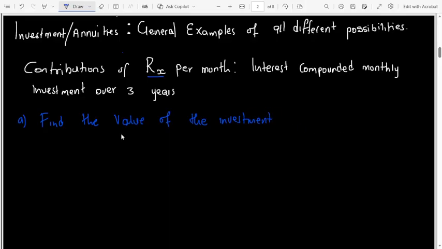Listen, the value of the investment depends on when the first payment takes place.